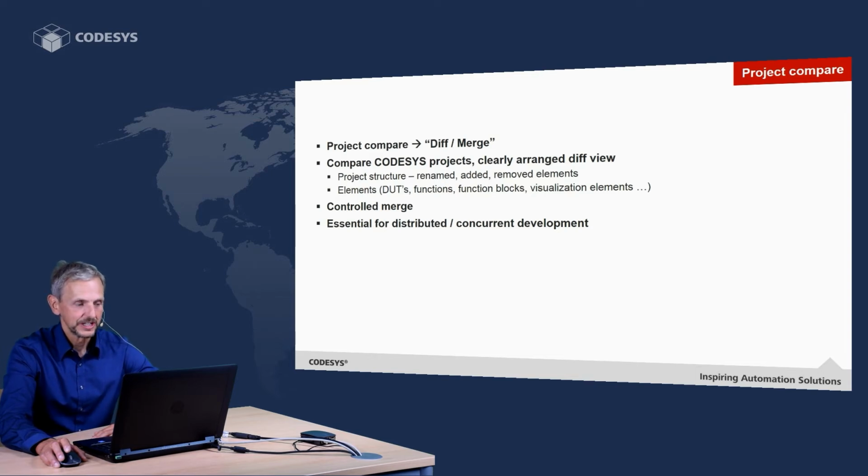So there are changes in the project structure you could diff and merge, like renaming, adding, removing elements, and changes in elements, of course, like changes in function blocks, visualization elements. I will demo this later on as well. So you get a chance of a controlled merge of all these changes. And from my point of view, this is really essential for distributed and concurrent development, which is quite usual in building automation on construction site.